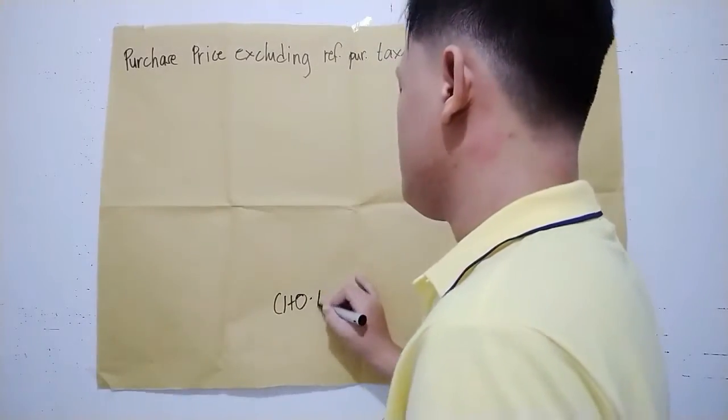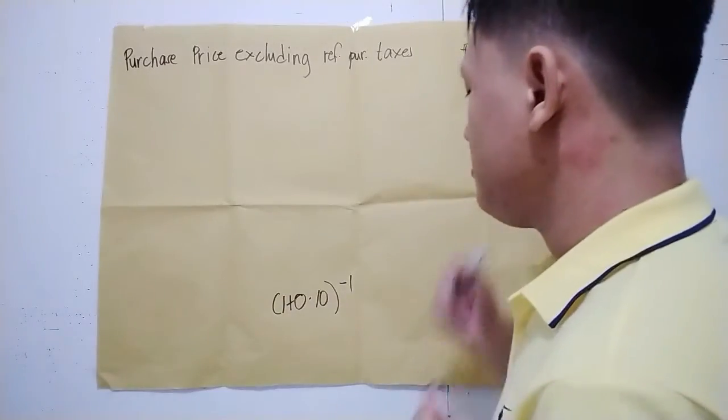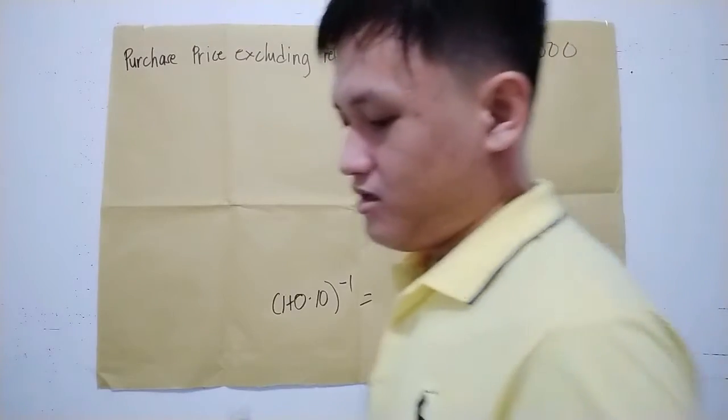So next is to get the present value of 1 peso. The formula is 1 plus i to the power of negative n. So simply, 0.10, because it states in the problem that the discount rate is 10% per year. Per year meaning it's only 1 year. So the answer of this is 0.90909.